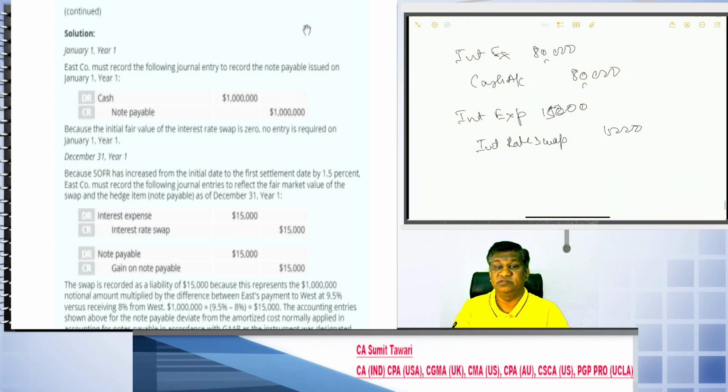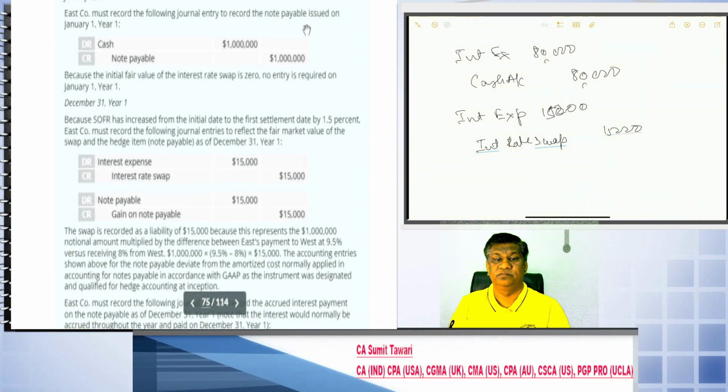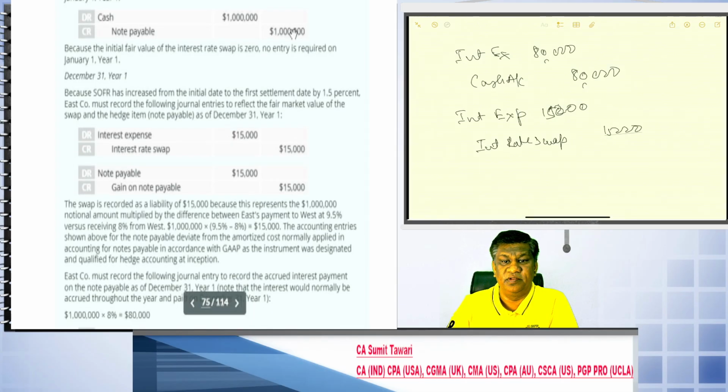Okay, that is basically the obligation. And the interest rate swap, and then note payable 15,000 to gain on note payable.